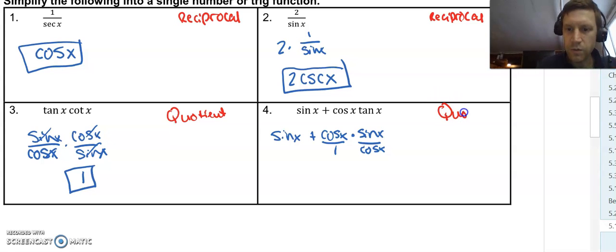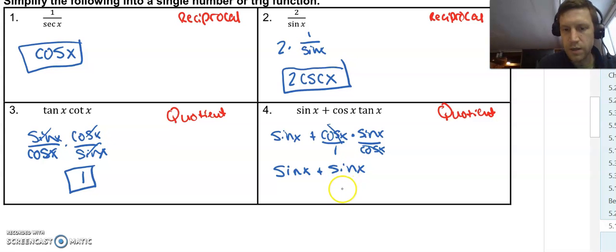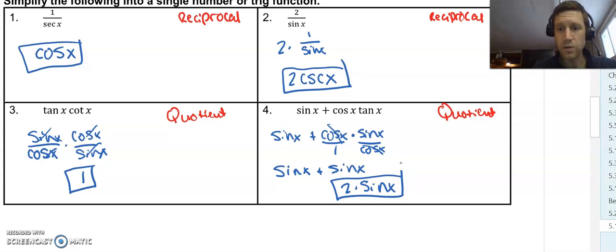Not done yet, but let's write quotient. And then let's see, I have cosine over cosine. So I'm left with just sine of x plus sine of x over 1. And that's just going to give me 2 times sine of x. Not sine squared, because they're added, but 2 times sine of x. So the only identity I used was a quotient identity to change tangent to sine over cosine.